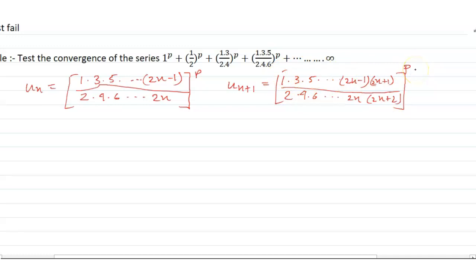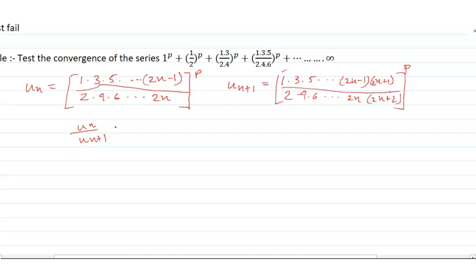So friends, here the power is constant, so I will check this problem by the logarithmic test. At first I check it by the D'Alembert test, which is un divided by un plus 1.